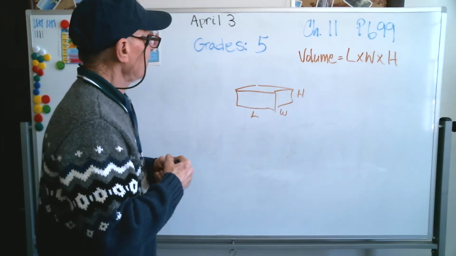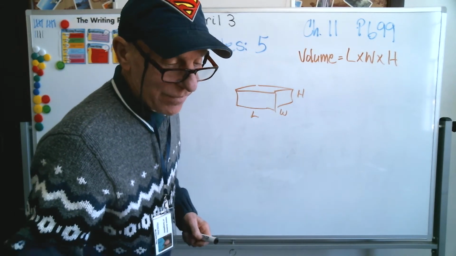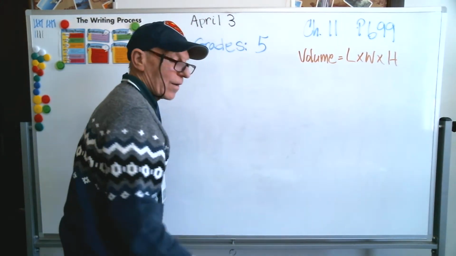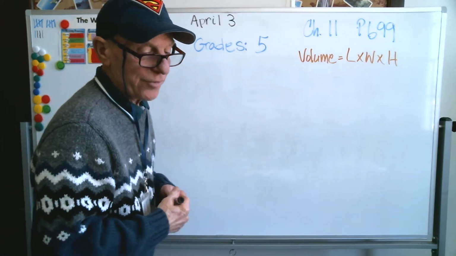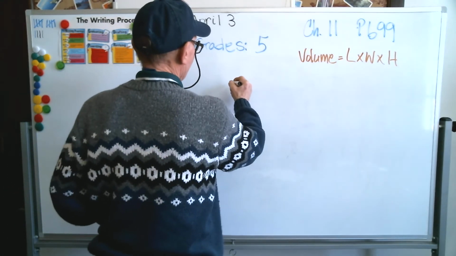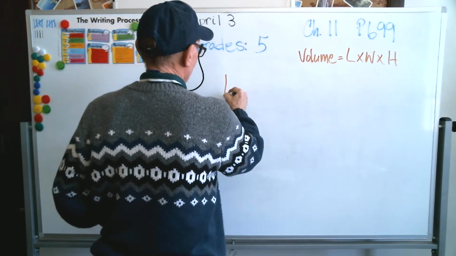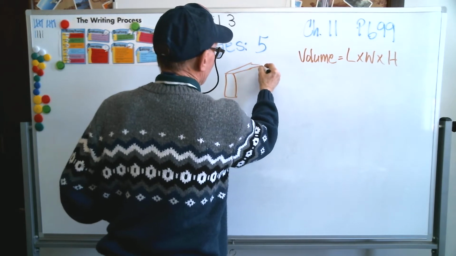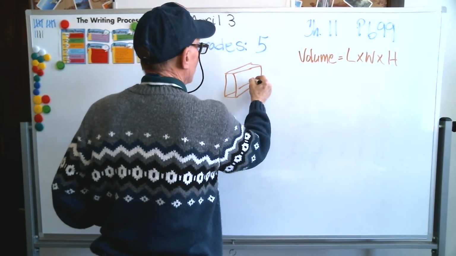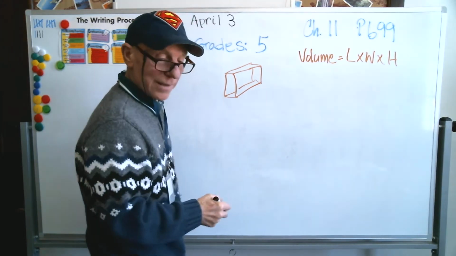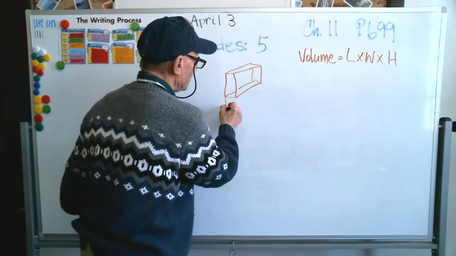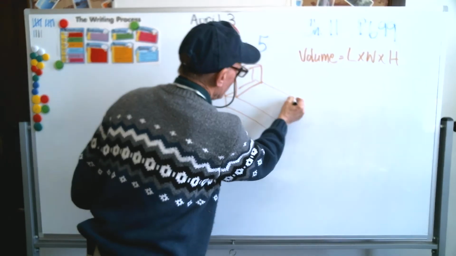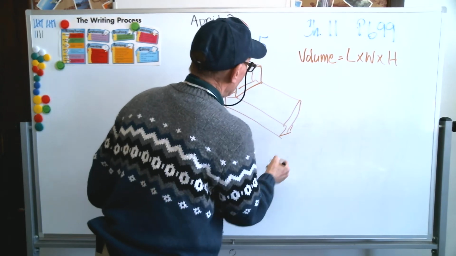But what happens, for example, if it's a really odd shape or a combination of shapes? So if you have, for example, one rectangle here, and you set that on top of another rectangle.